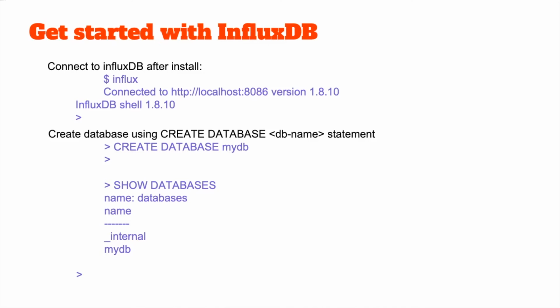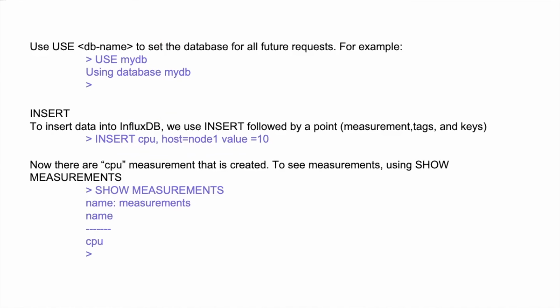Okay, so let's jump into some basic statements that we can use in InfluxDB. Most of the statements in InfluxDB will be similar to the MySQL statements that we learned so far. As you can see here, we have create database, and use database name to set the database for all future requests.